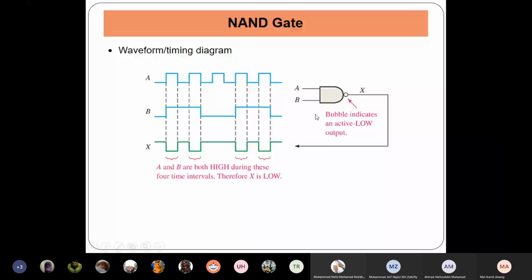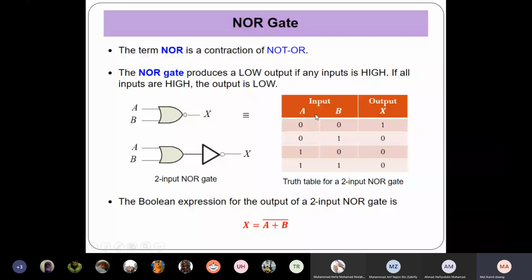NOR gate. The term NOR is a contraction of NOT OR. It's similar to the NAND gate: in the NOR gate, you OR first, then you NOT.